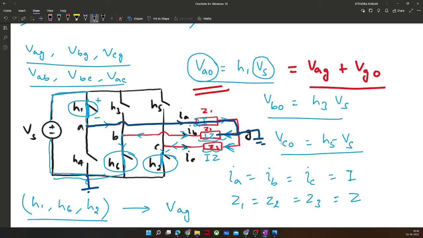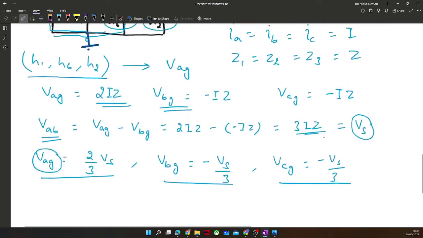If this G and 0 would not be connected, then it is known as a floated neutral. But here it will be connected, and we can write VA0 as VAG plus VG0. So this information will lead us to another important thing.